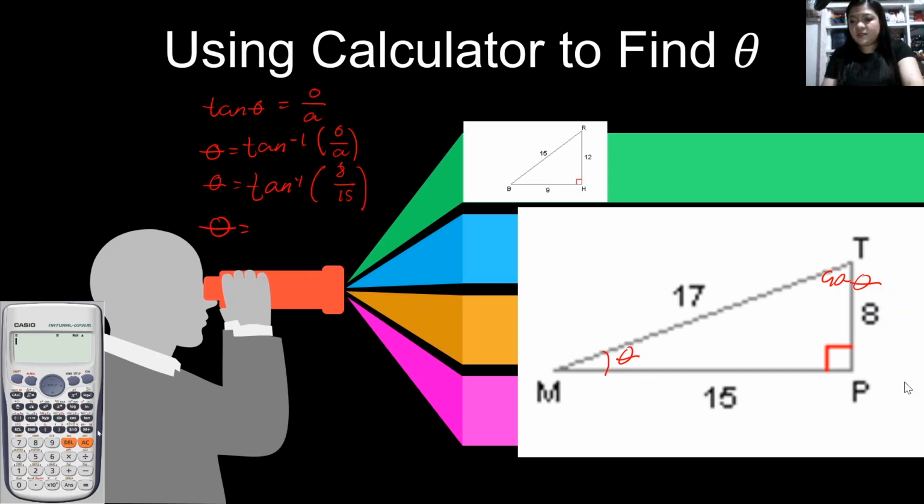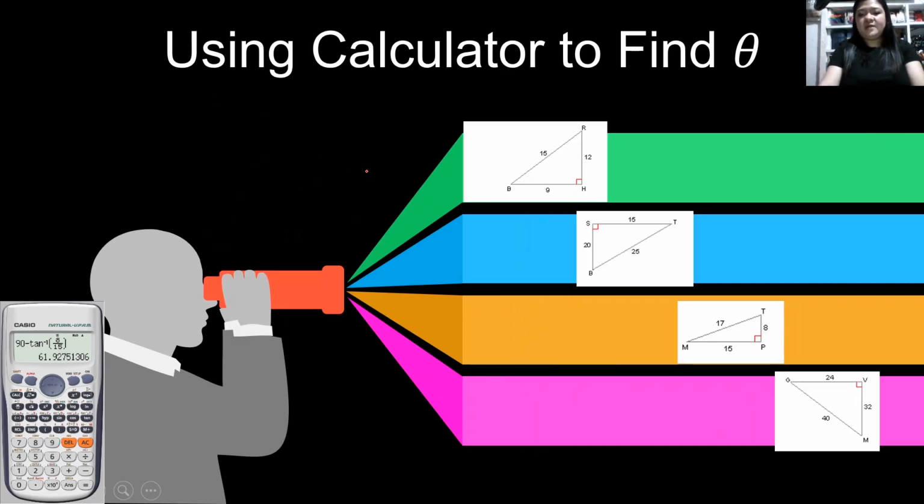So Shift tangent, opposite over adjacent, so 8 over 15. Then we get 28.07. We'll just round it to 2 decimal places. Now to get the measure of 90 minus theta, we have 61.93.